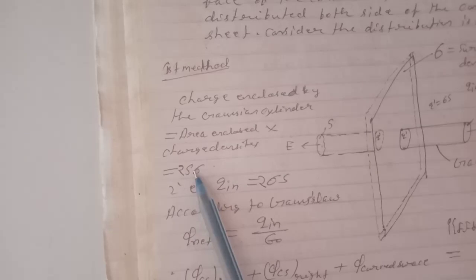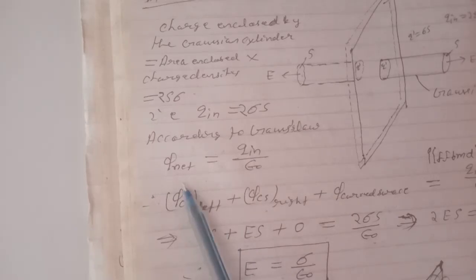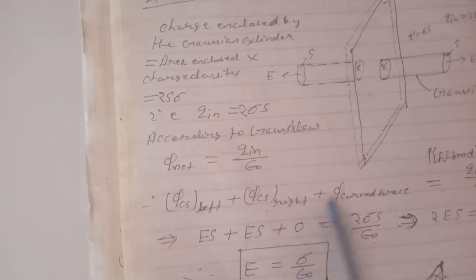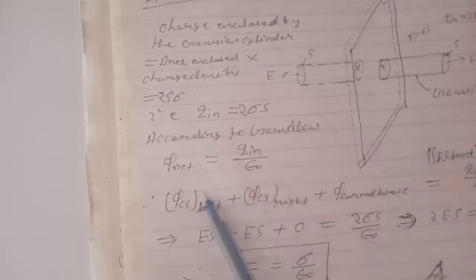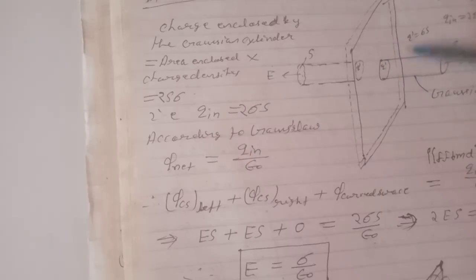This is the charge enclosed by the Gaussian cylinder, that is Q in equal to 2 sigma S. Now according to Gauss's law, phi net equals Q in by epsilon naught. Now we calculate phi net: phi cross-sectional area left plus phi cross-sectional area right plus phi curved surface, that is the flux through this area, the flux through this area, and the flux through this curved area.